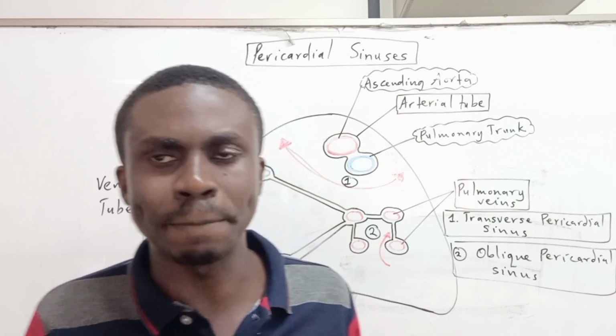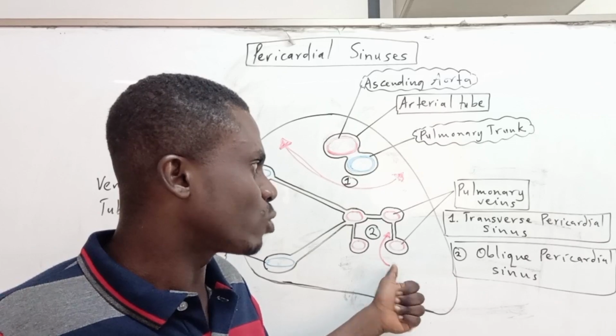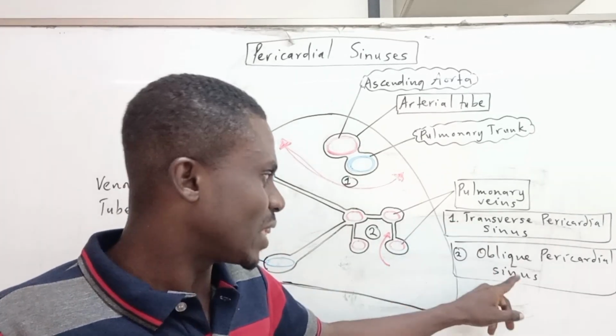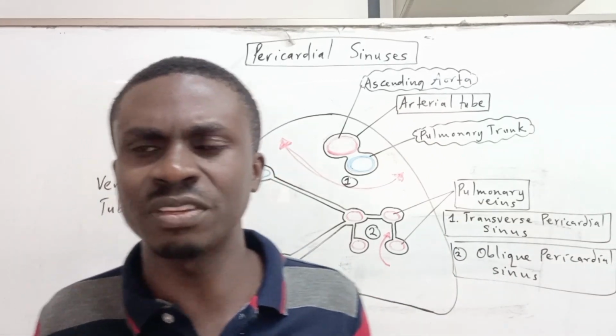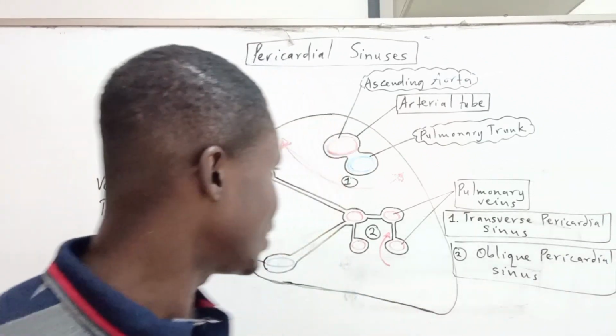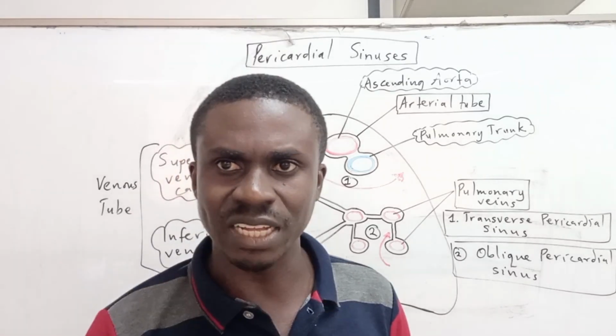It's as simple as that. And so this oblique pericardial sinus, unlike the transverse pericardial sinus, which has surgical merit, has natural merit. No surgical things over here. I want you to appreciate that. So this is what I want you to know regarding the pericardial sinuses.